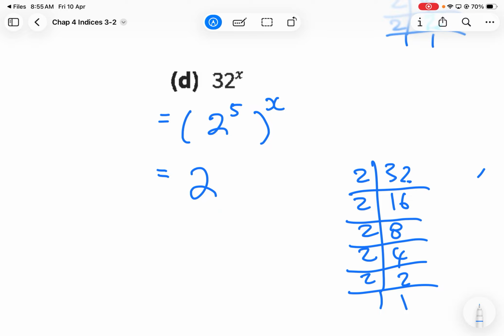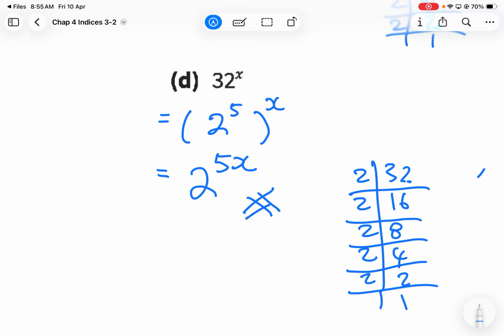Then after that, when 2 to the power of 5 is to the power of x, I just multiply the 2 index only. Okay, so I don't know an actual number. The power is just 5 times x. So what is it? 2 to the power of 5?